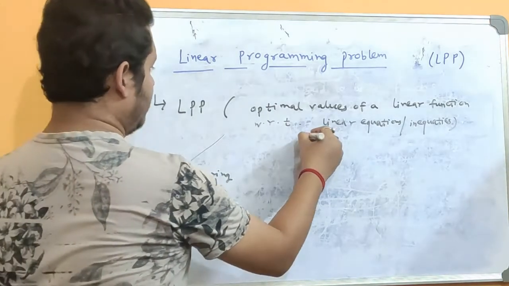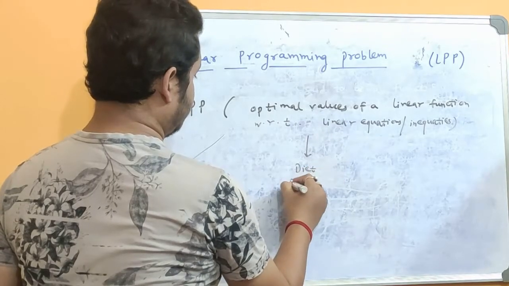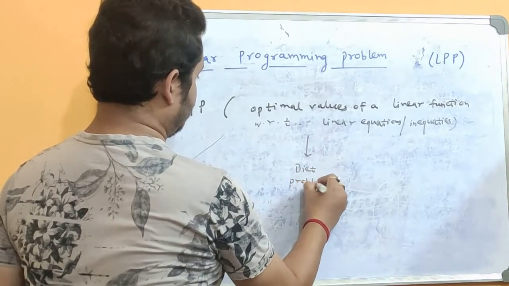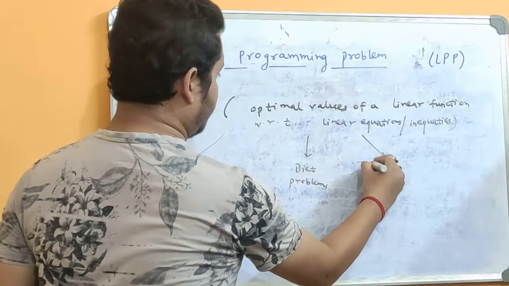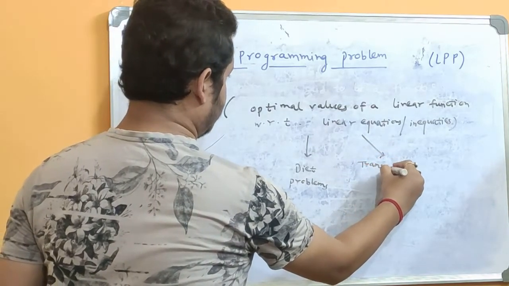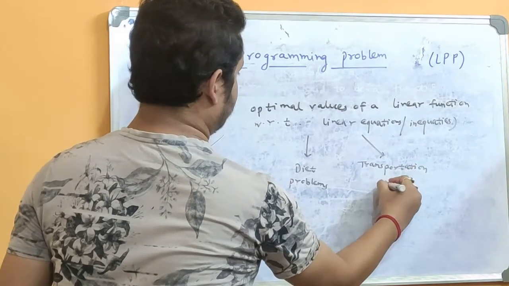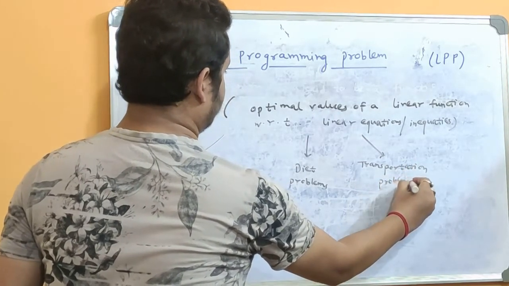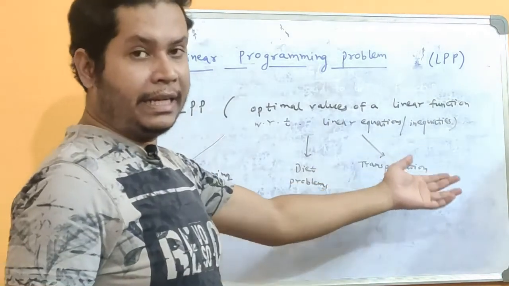The second one is called diet problems. And the last one is called transportation problems.